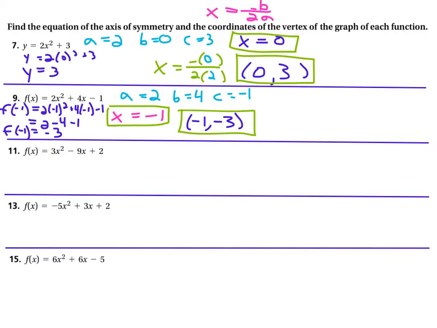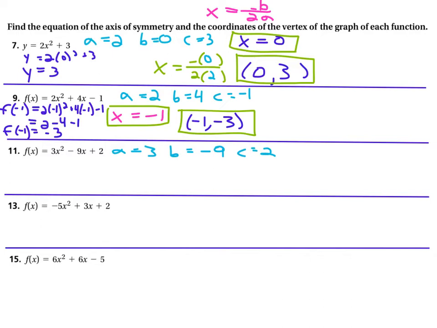Okay, let's keep going. Let's first identify a equals 3, b equals negative 9, c equals 2.